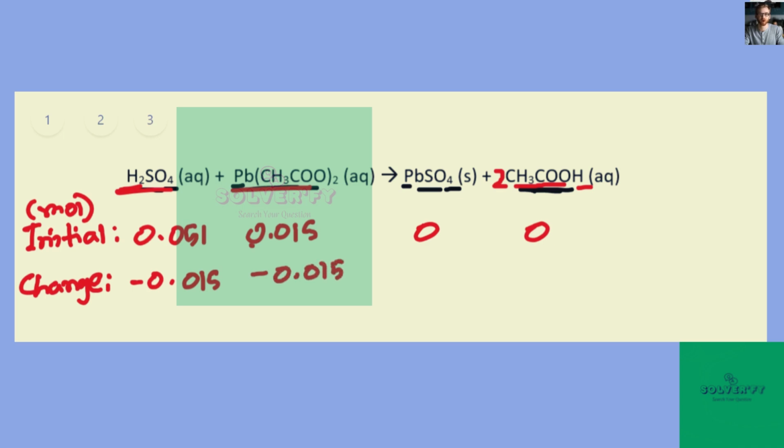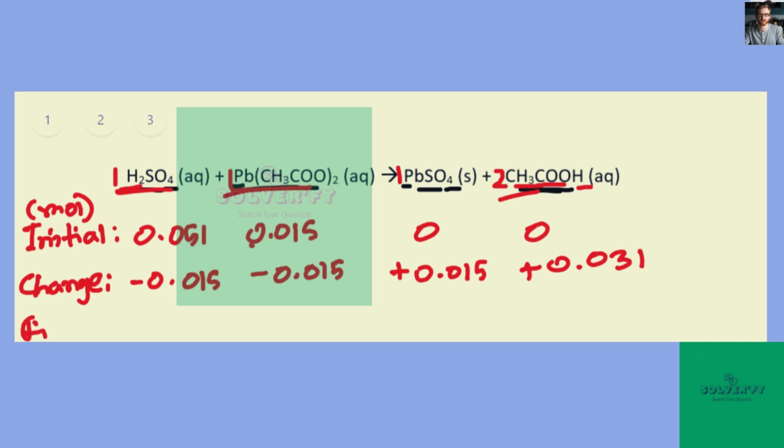And since 1 mole of sulfuric acid and 1 mole of lead acetate produce 1 mole of lead sulfate, 0.015 mole of lead acetate will produce 0.015 mole of lead sulfate. And since 1 mole of the reactants produces 2 moles of acetic acid, the amount of acetic acid will be 2 times 0.015 mole, or 0.031 mole.